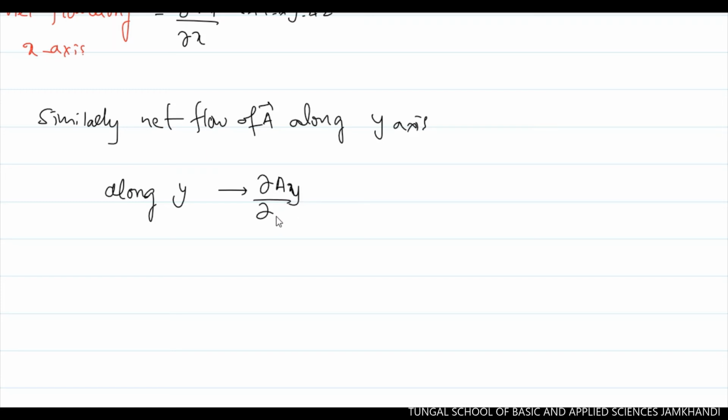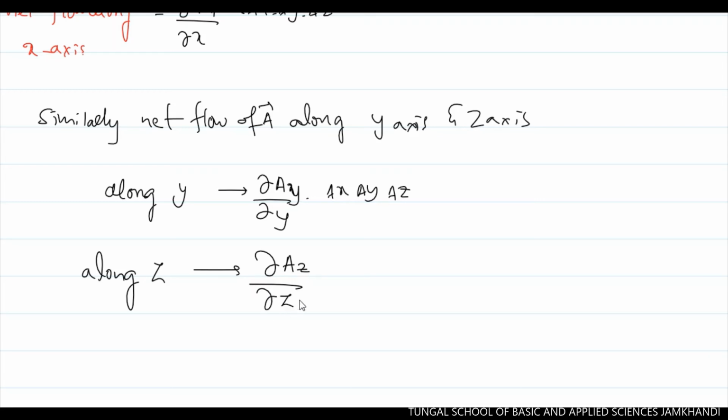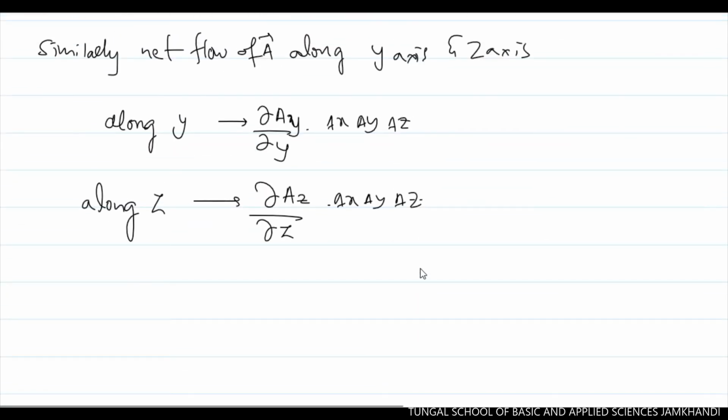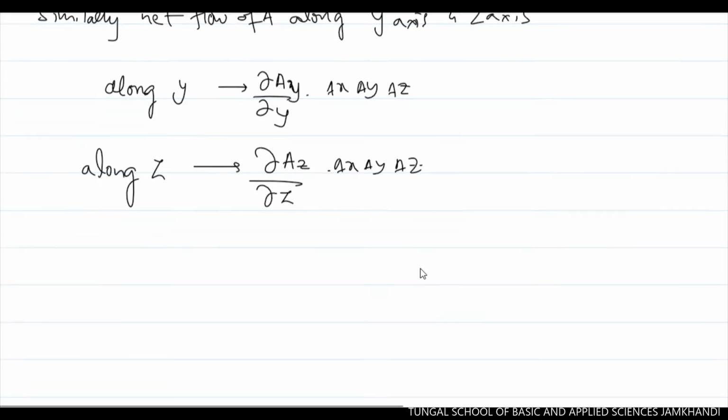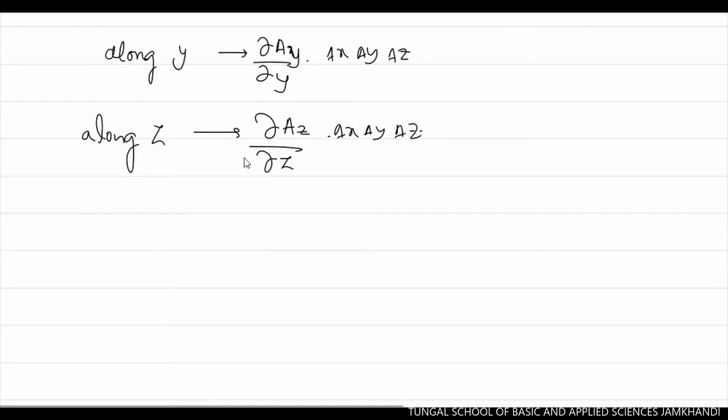Similarly, along the z-axis, I get ∂Az/∂z into Δx into Δy into Δz. Now, if you take the total net flow of a vector per unit volume, we have considered only along these, this is about the y faces and this is about the z faces.